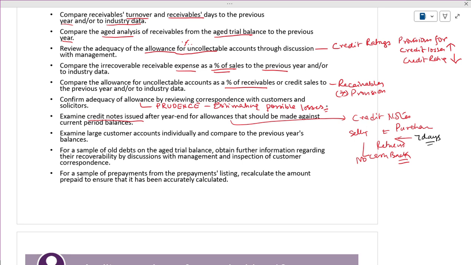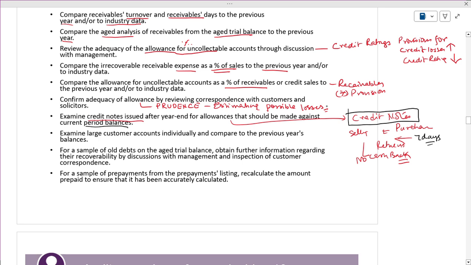If you are not refunding the cash, in that place what you will do? You can exchange it. For that, they will issue a credit note. Examine any credit note issued after the year for allowance that should be made against the current period balances.